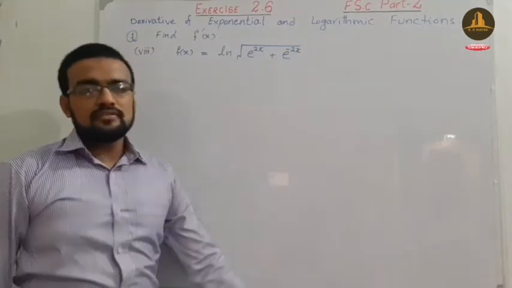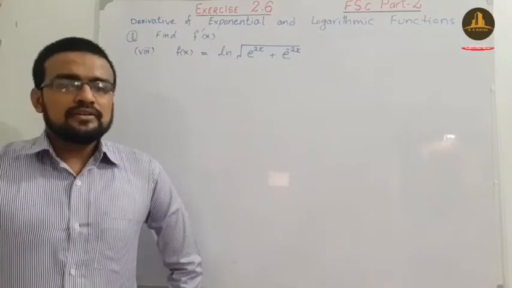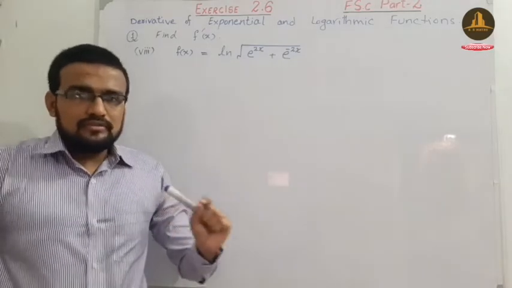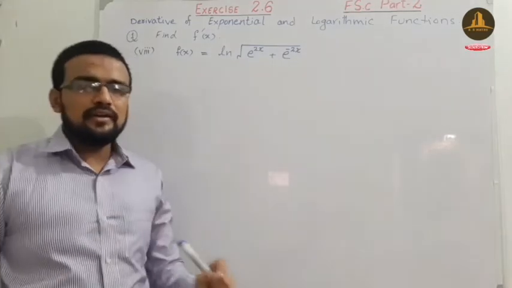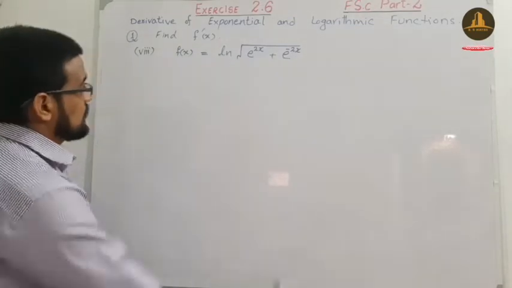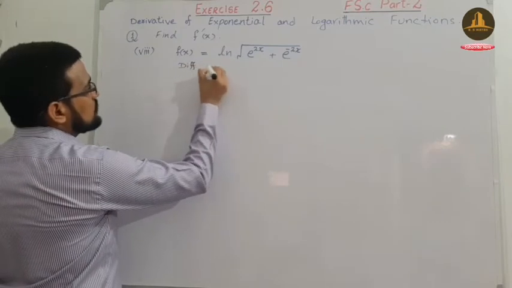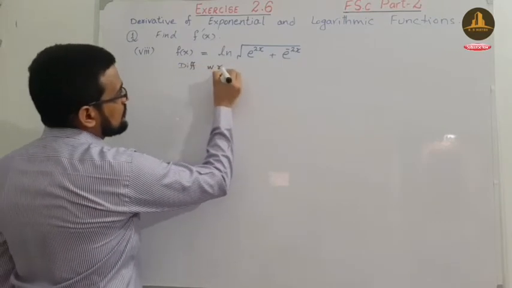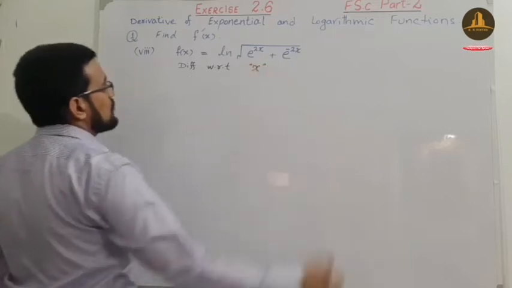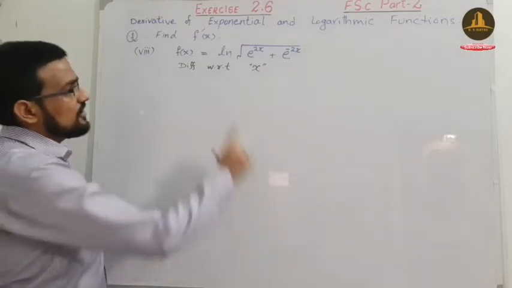Here student, this is most important and it is a little bit tricky question, the tricky step is at the end, so check it. Differentiate with respect to x. Focus on this question, concentrate on this question.